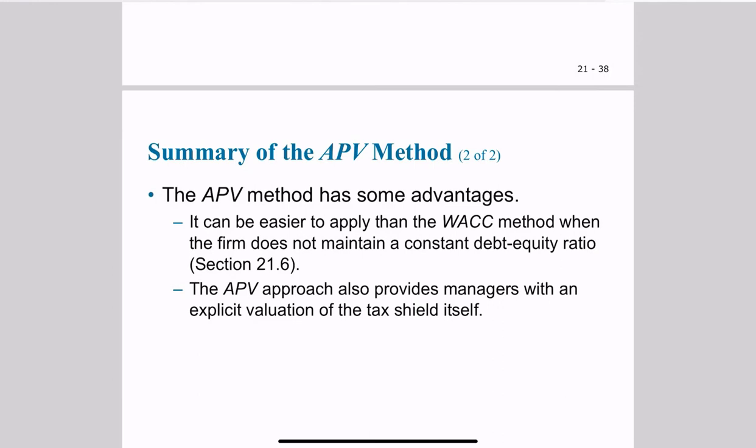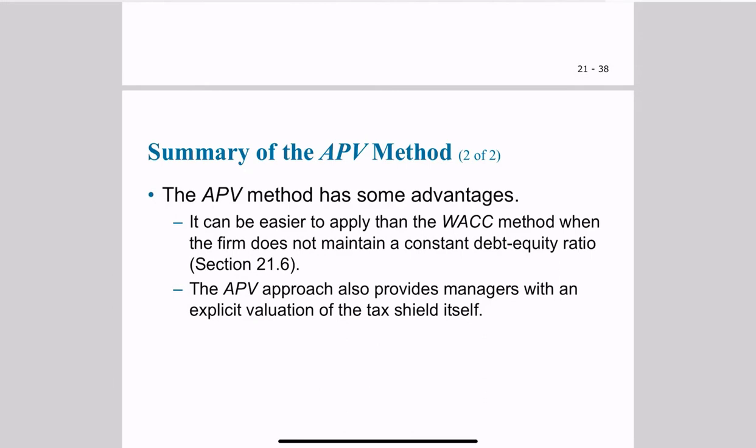WACC method basically says that you will first look for cash flows, and then you will discount those cash flows with WACC. And for the APV method, APV basically means adjusted present value.